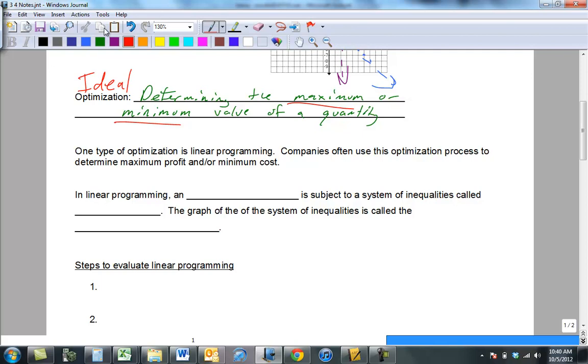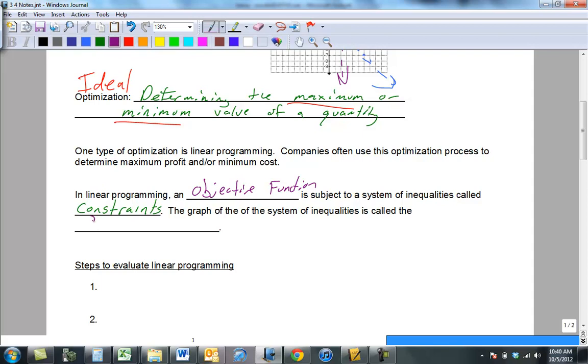Now, in linear programming, an objective function is subject to a system of inequalities called constraints. The graph of the system of inequalities is called the feasible region.